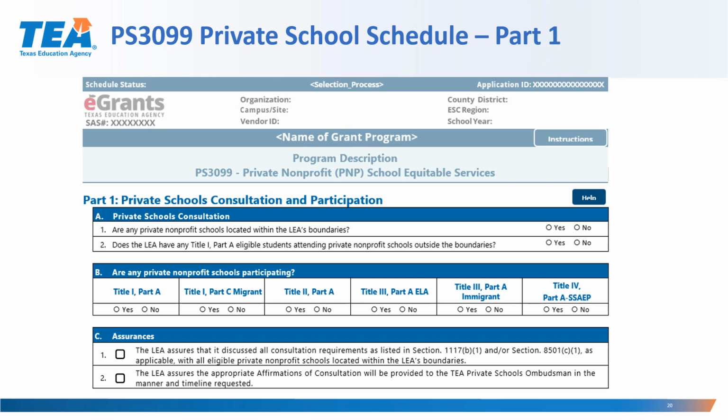District consultation with participating PNP schools includes determining equitable services for private school students and teachers. Equitable services are calculated through the PS 3099 schedule located in the ESSA consolidated application. Equitable services does not apply to charter schools.